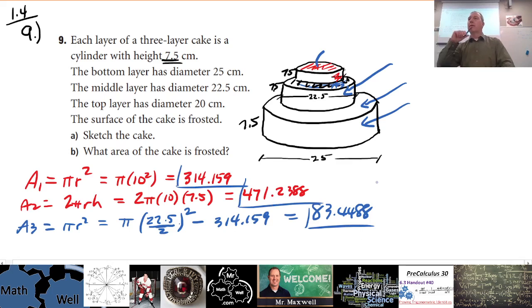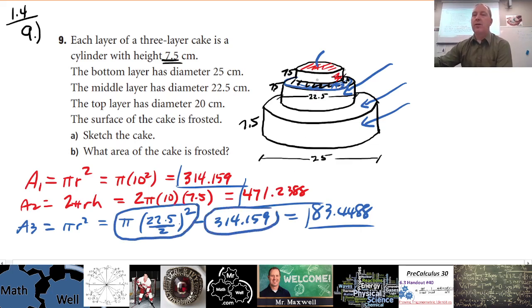You have to subtract anything like the top circle from the bottom. The middle one? Yeah, the full area of that middle section was this, and then I subtracted the area that the top piece is covering. That's what this is right here. So do you have to do that again for the middle and the bottom?